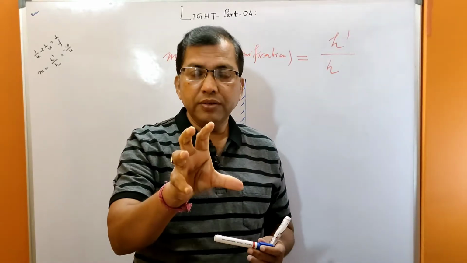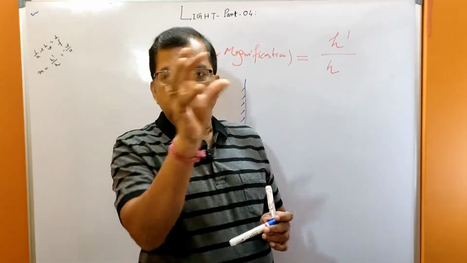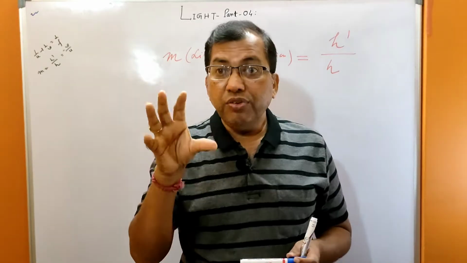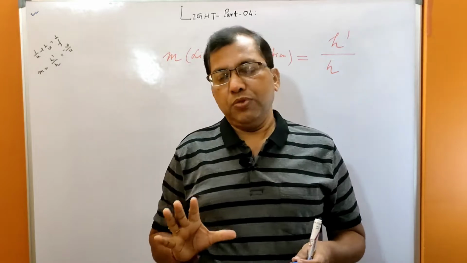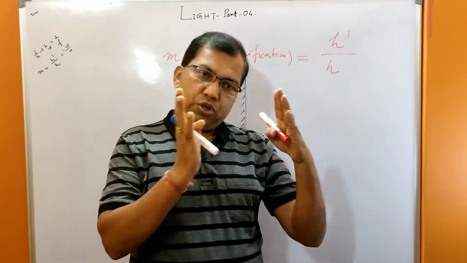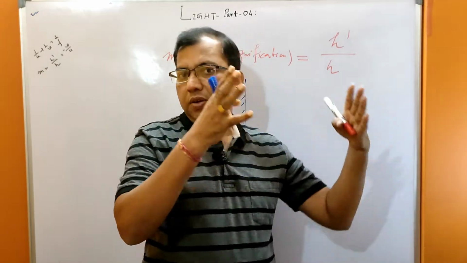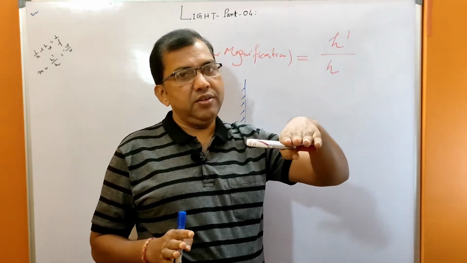In the case of a convex mirror, it is most probably positive, because in most cases the image formed is virtual. Clear? Positive magnification, negative magnification in the case of concave mirror, convex mirror and plane mirror.